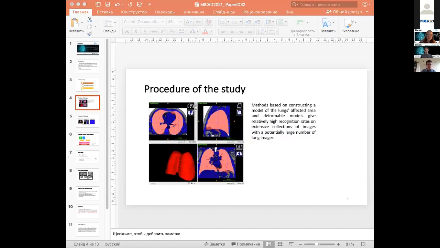The approach is based on constructing a model of the lungs' affected area, and deformable models give relatively high recognition rates on an extensive collection of images with a potentially large number of lung images.